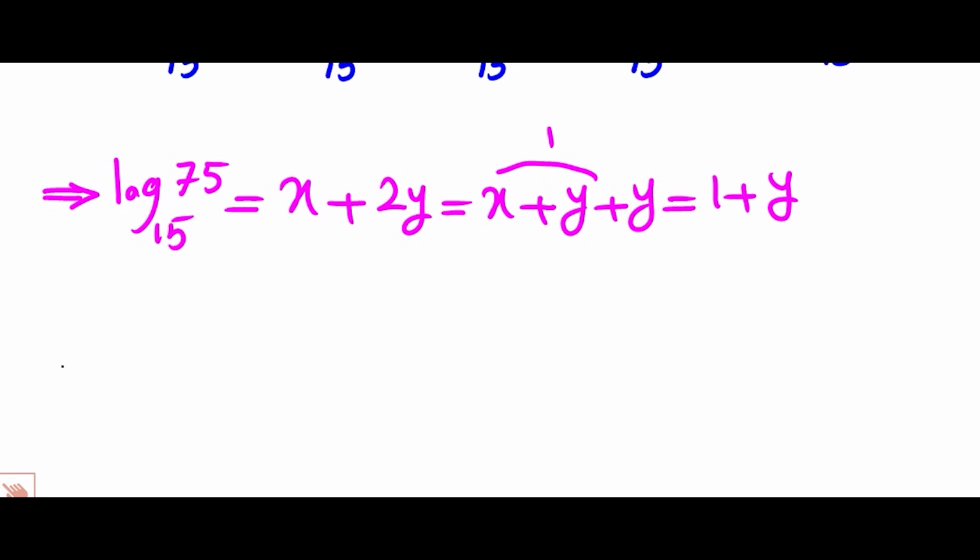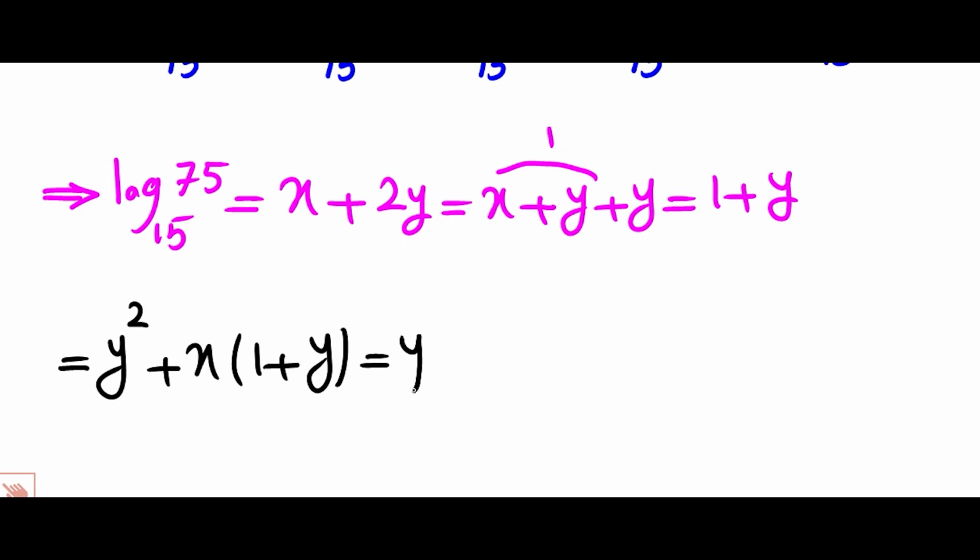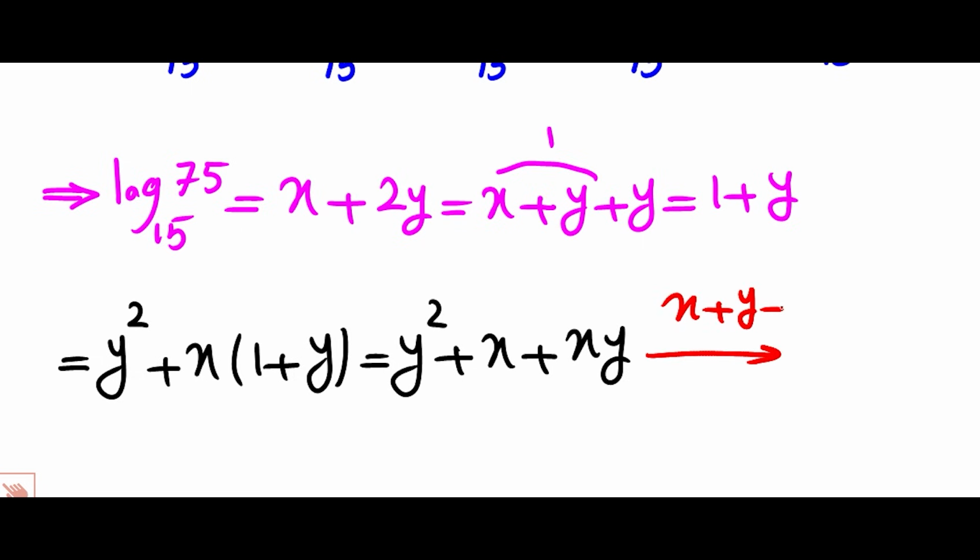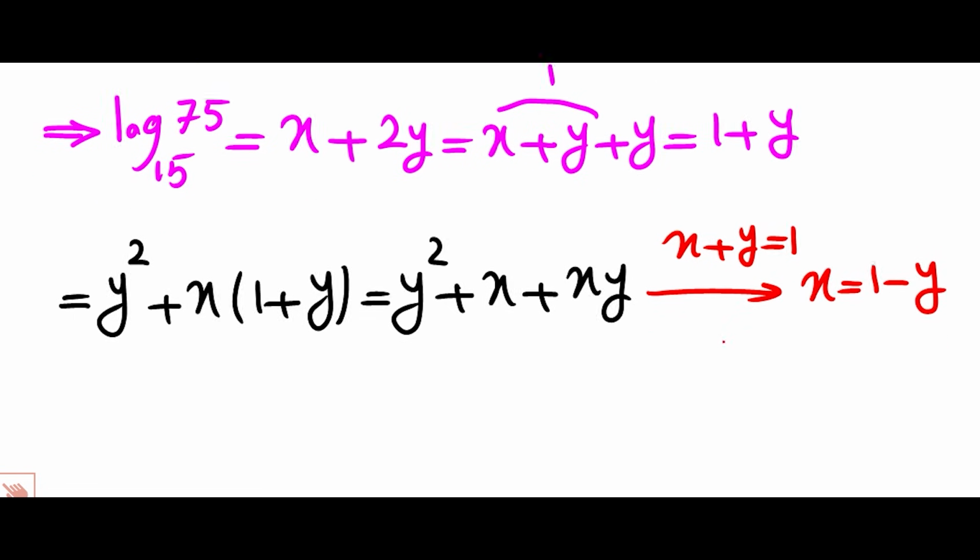So we have y squared plus x times 1 plus y. Let's expand: y squared plus x plus xy. From x plus y equals 1, we have x equals 1 minus y.